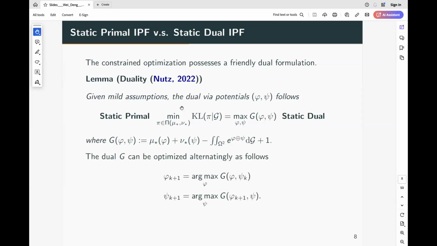So this means that we can solve the Schrödinger bridge using the alternating maximization. So basically, we can fix one potential and try to maximize another potential, and we keep this process until we reach some equilibrium.